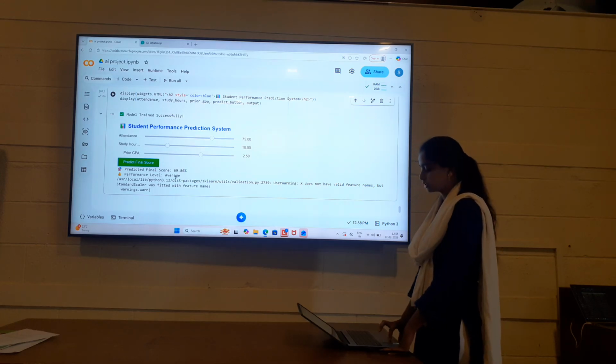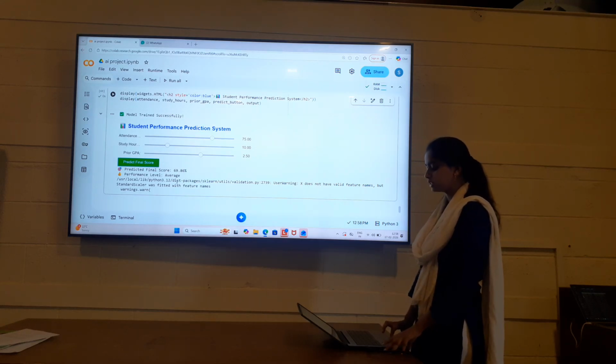Then the final score will be 69% and the performance level of the student is average.